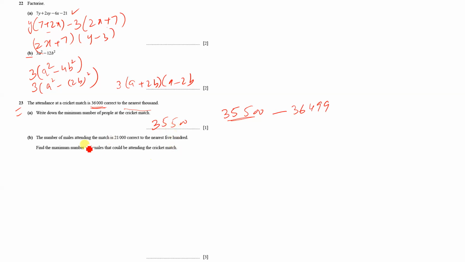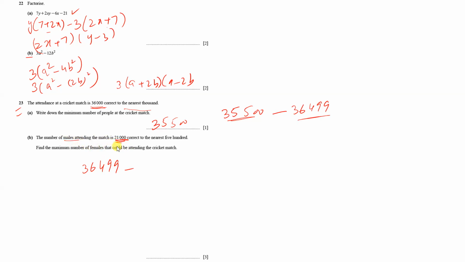Now the number of males attending the match is 21,000, correct to the nearest 500. Find the maximum number of females that could be attending the cricket match. For this, we have to consider the maximum number of people in the cricket match, that is 36,499, and we'll subtract the minimum number of males.